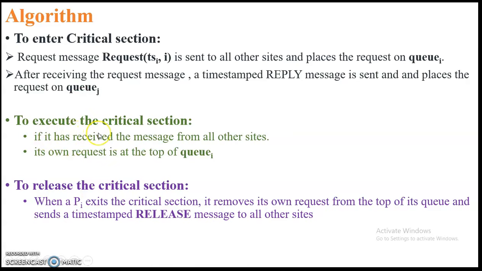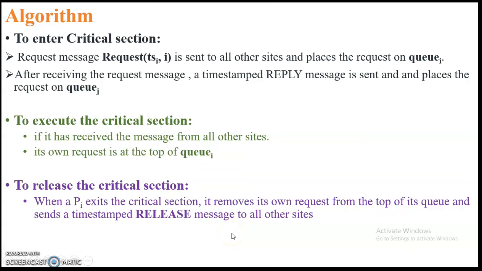To execute a critical section, two requirements are necessary: a process should receive the reply from all the other sites and its timestamp should be at the top of the queue. And to release the critical section, whenever a process exits it, it has to remove its own timestamp from the queue and send release messages to all the other sites.